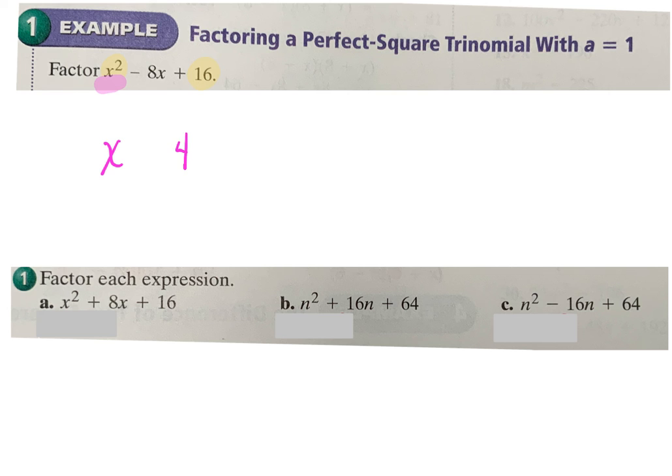And then the next thing I'm going to do is I'm going to say if I multiply these two together, so x times 4 is 4x, and then I double it, 2 times 4x. Is that my middle term? Yes, so this is a perfect square. I use the sign, that's a minus, of my middle term. And this is how I factor it. It's going to be x minus 4, x minus 4.